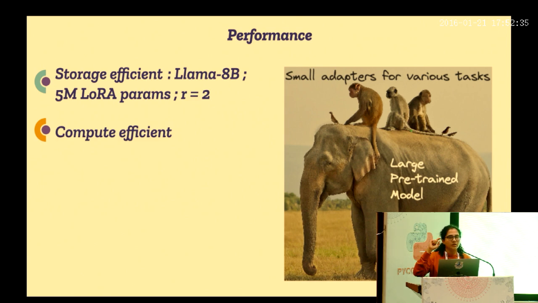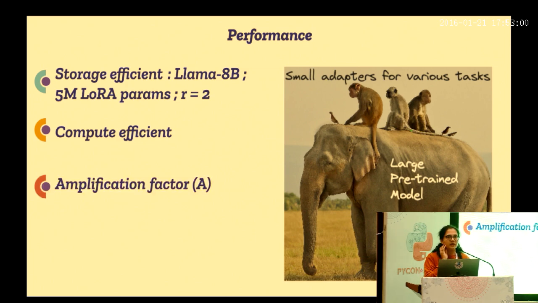Shruti spoke about one example with Llama 3.18 billion. If you were to fine-tune one layer conventionally, you would be fine-tuning about 218 million parameters, which is prohibitively expensive. But if you apply LoRA across the entire network, it's 5 million parameters, and you're good to go. It's 5 million because I chose rank equal to 2.